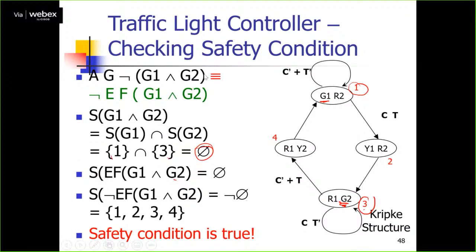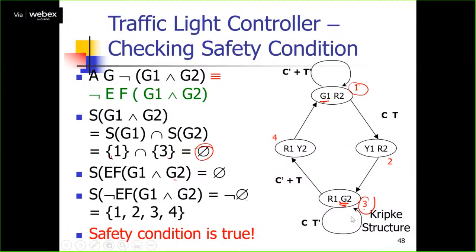So AG, G1 XORed with G2, EF, G1 XORed with G2. So yes, G1 XORed with G2. That is a union of 1 and 3. I'm marking 1, 2, 3 and 4 states. I'm defining 1 and 3 as the communicable paths, and 2 and 4 as not communicable paths.